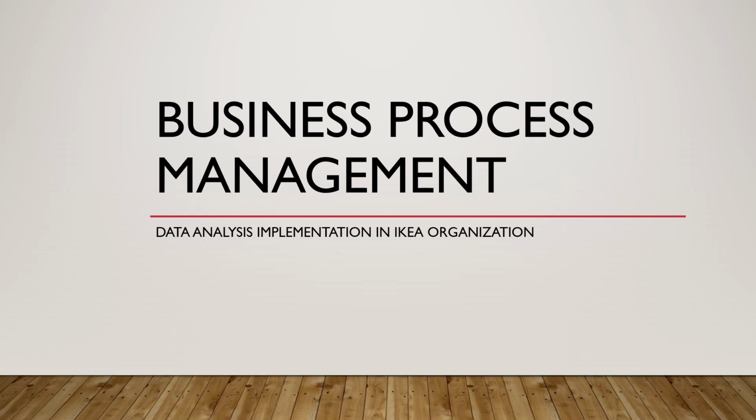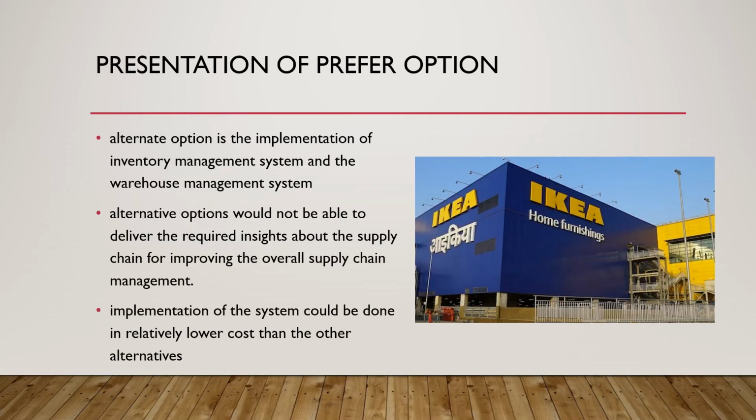Okay, so first I'd like to continue with the presentation on the business process management I have completed for the IKEA organization and what could be improved in the organization for mitigating the issues properly. We would like to first present the preferred option.